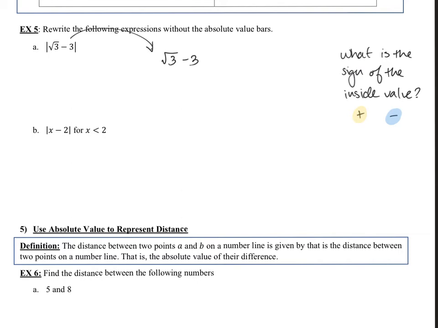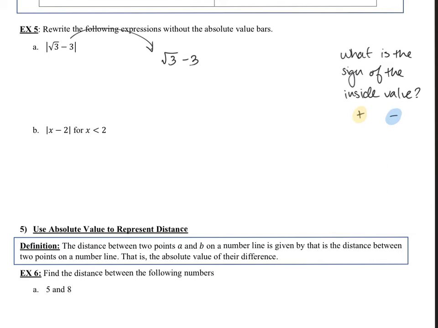So since this is smaller than 2, and we're subtracting 3 from it, the question is, is this going to be a positive or negative number? It's going to be negative because 3 is bigger than 2. 2 minus 3 is negative 1.